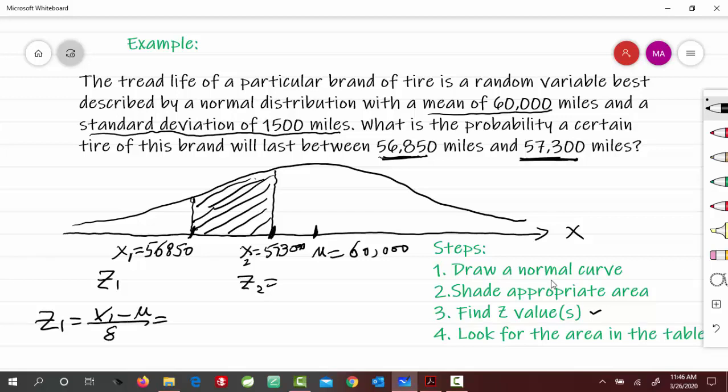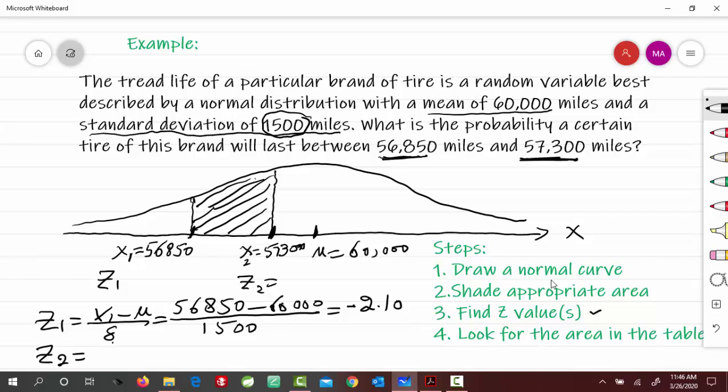Sigma is the standard deviation, so x1 is 56,850 minus mu, which is 60,000, divided by the standard deviation, which is 1,500, and this would turn out to be negative 2.10, right?